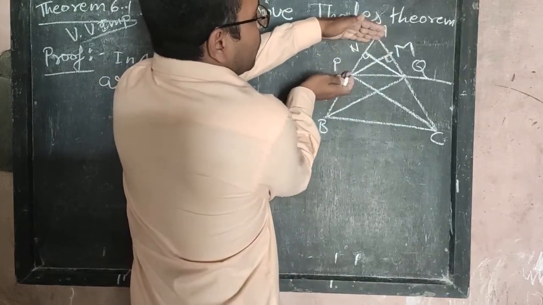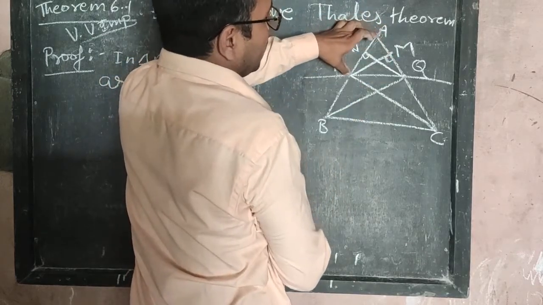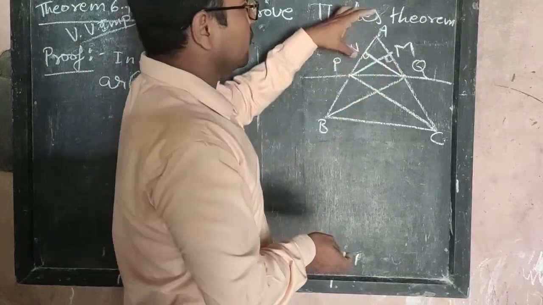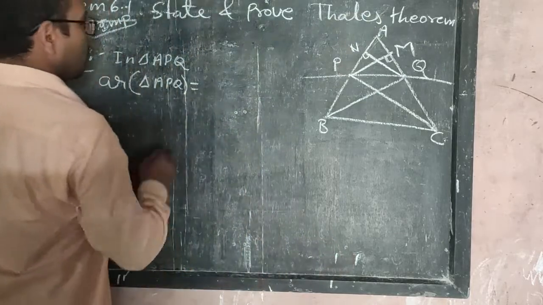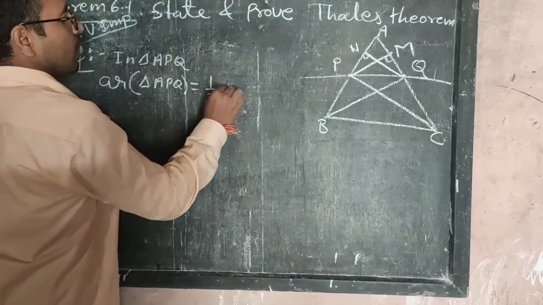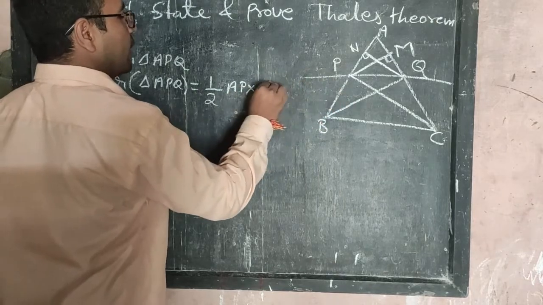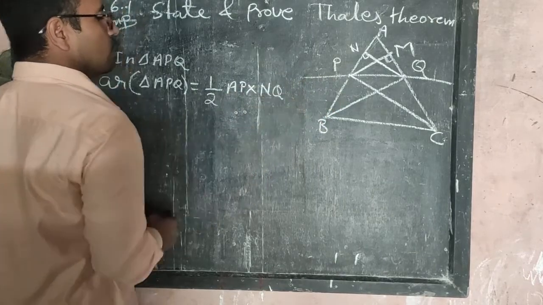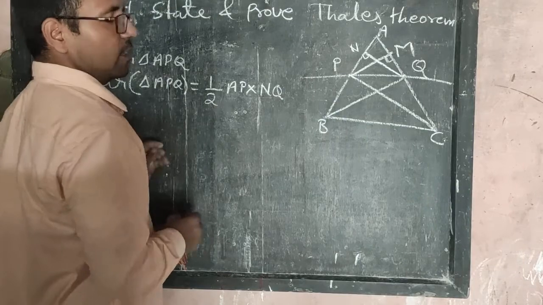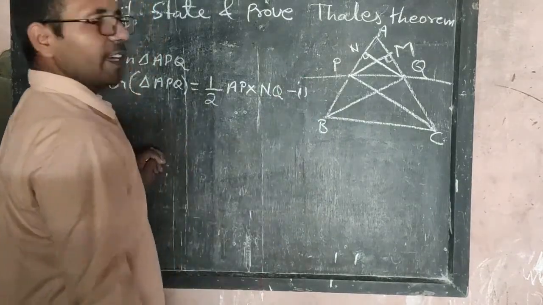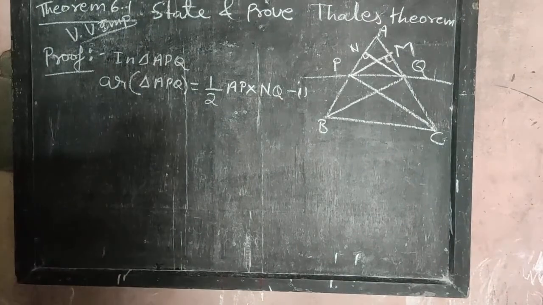You will find this one is the base and this one is the height. QN is the height and AP is the base. So 1 upon 2 AP, the base, into height, you will get NQ. We have got this by using the area of triangle. Make it equation number 1.